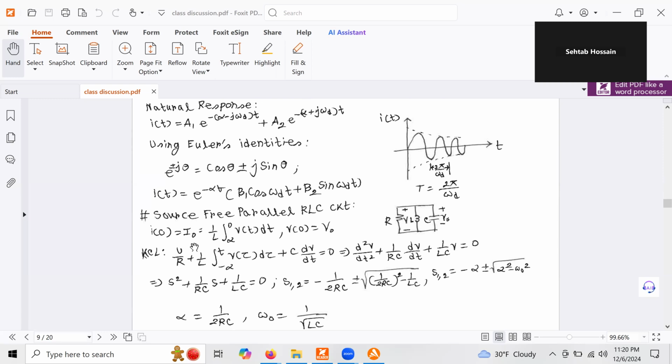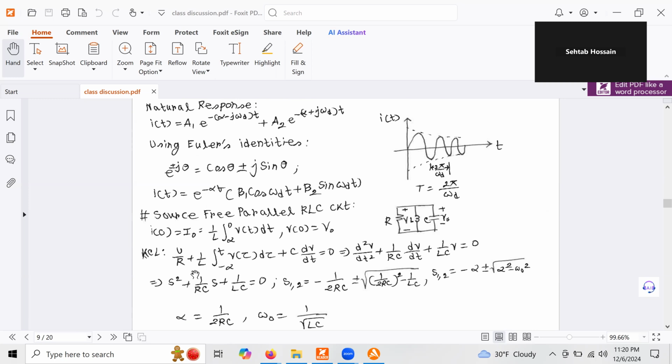If we apply KCL at the node, it will be just like this. Then we do some math over here. We differentiate this equation, then differentiation and integration cancel each other, and we are left with this, and we get double differentiation, d squared v over dt squared. So it becomes just like this.